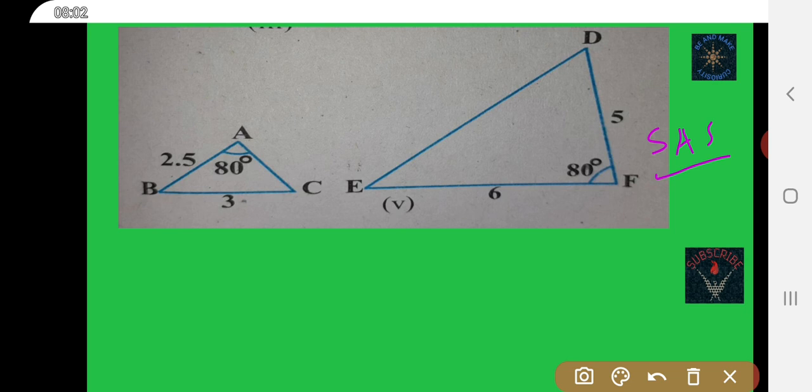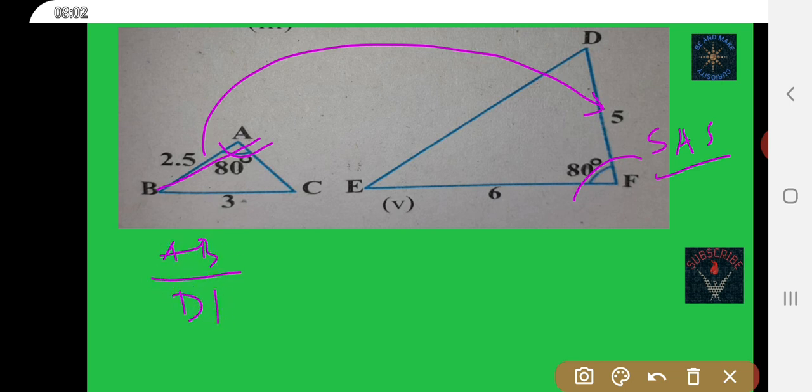Here you see this angle is equal to this angle, and this side corresponds to side DF. So AB by DF is equal to 2.5 by 5, that is equal to 1 by 2.